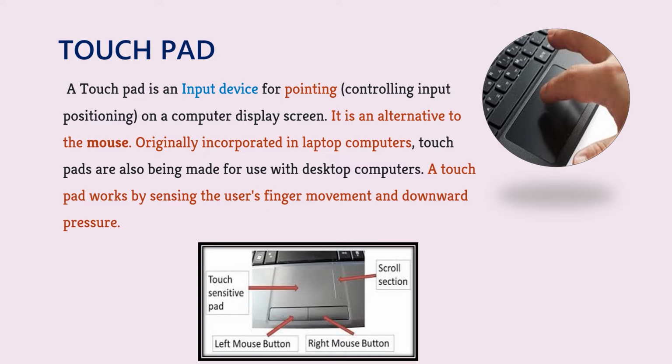Now I've also started coming with desktops. I'm so popular that even desktop computers have started using me. And a touchpad can be controlled by using finger movements only. It is so easy to use me. I also have a left mouse button and a right mouse button, and even my scroll section is easier to use."